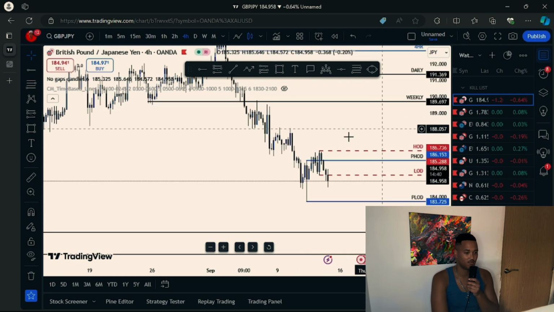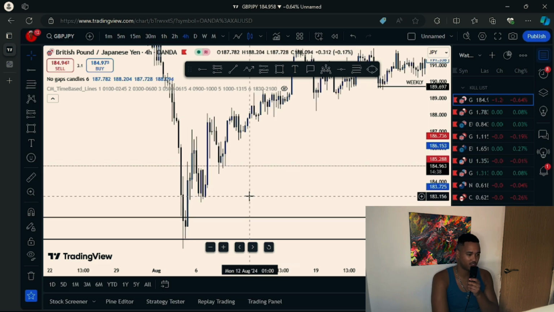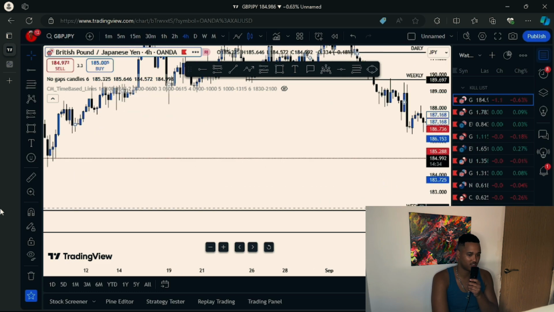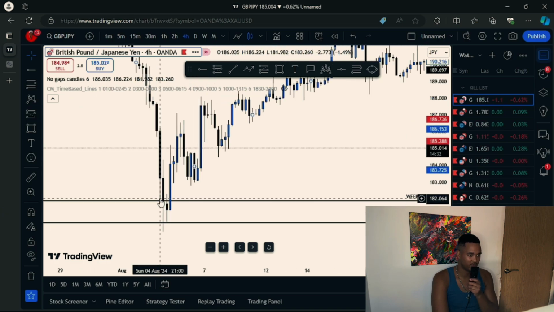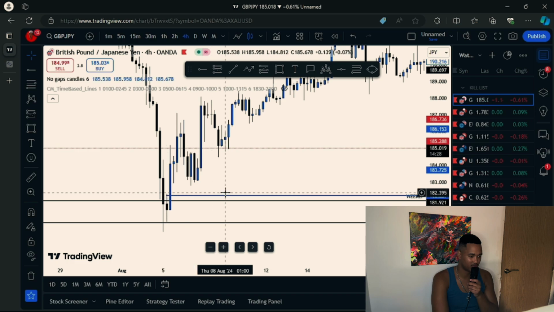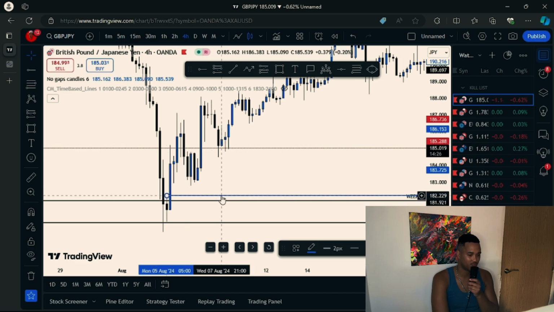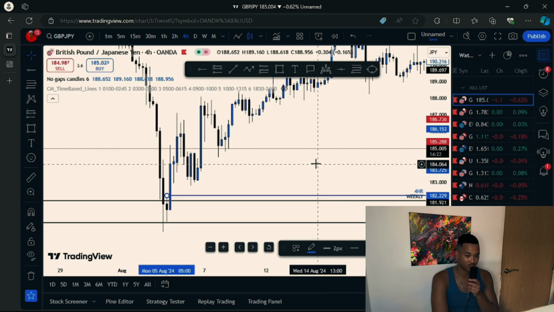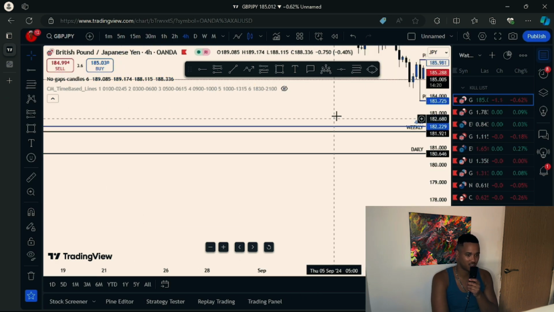And I'm gonna show you as well over here, we got some demand, and guess what? It's in confluence with the daily and the weekly as well. Notice how I just mark off the closer demand of the 4 hour, because like I said, we just focus on the closer things, right?